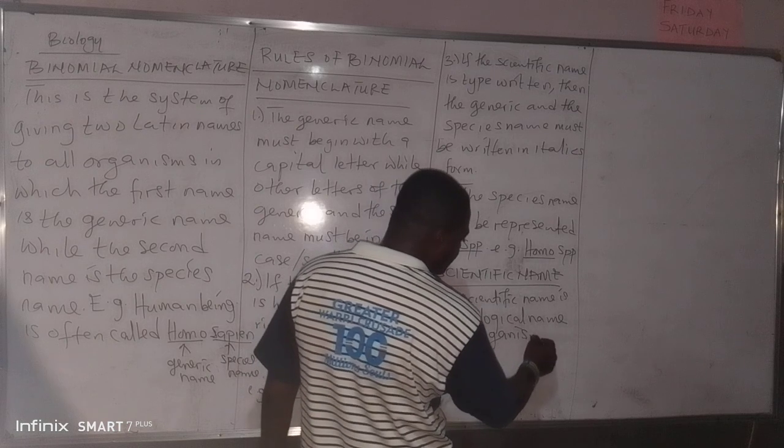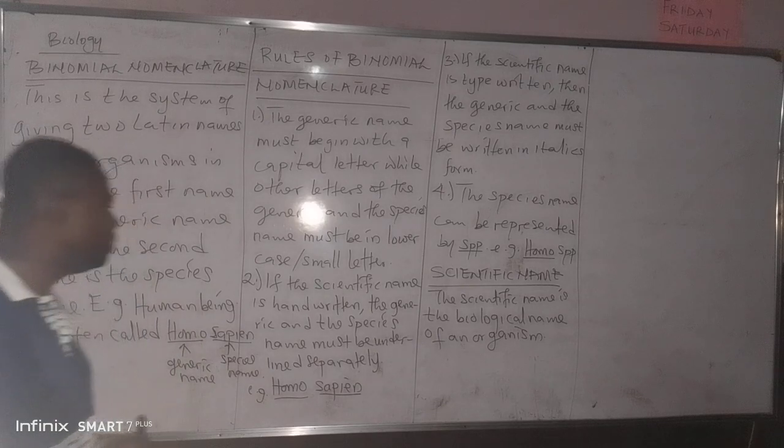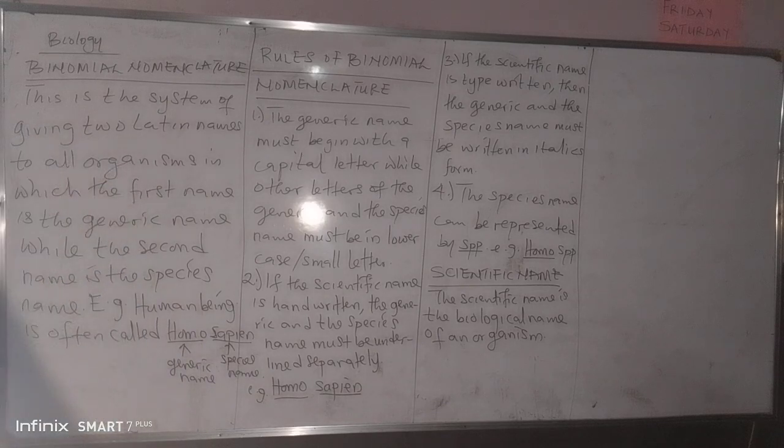The name that biologists use to call an organism is the biological name, and is also known as the scientific name. Like the Homo sapien I've given you is the scientific name of human being.